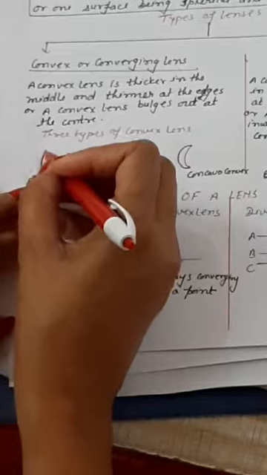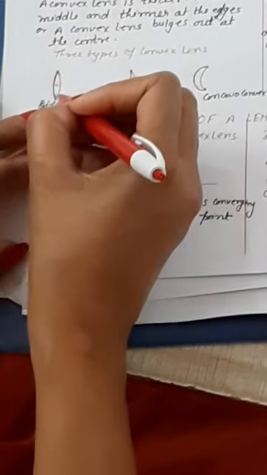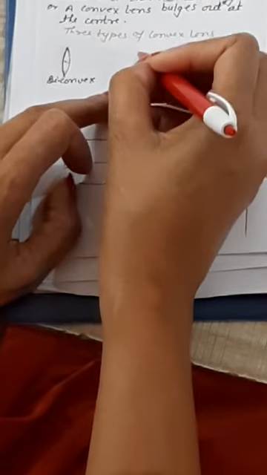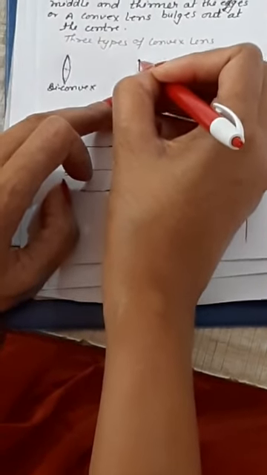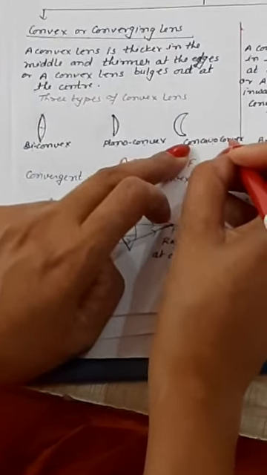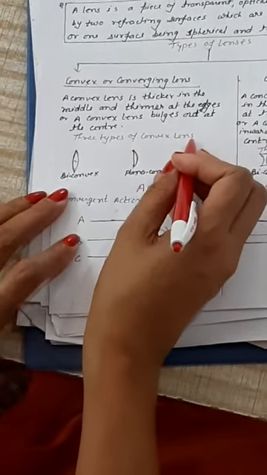Biconvex means both the surfaces are spherical. Plano-convex means one surface is plane and the other is spherical. Concavo-convex, as the literal meaning suggests, one surface is concave and the other surface is convex. So these are the three types of convex lens.